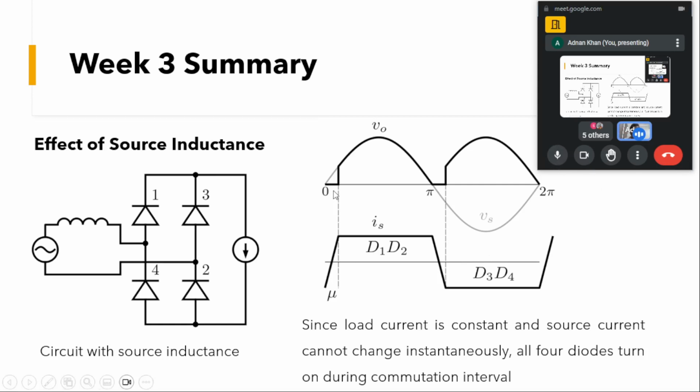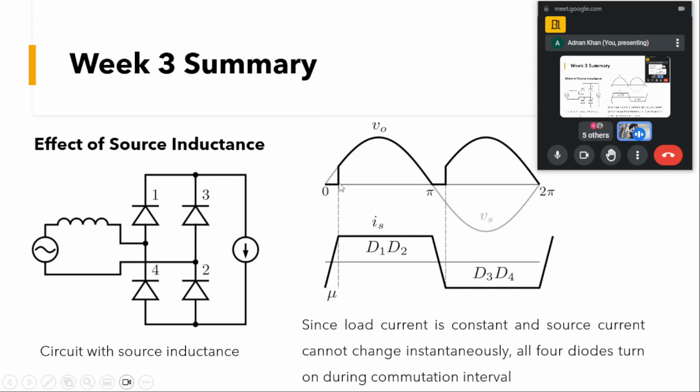Due to this source inductance, for this period till our current is transferred from one set of devices to the other, there is a portion where all the devices are conducting.